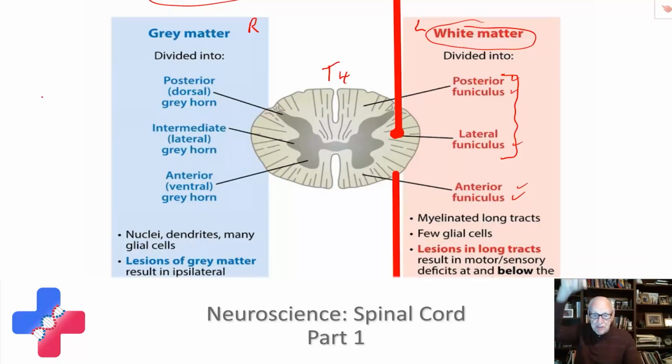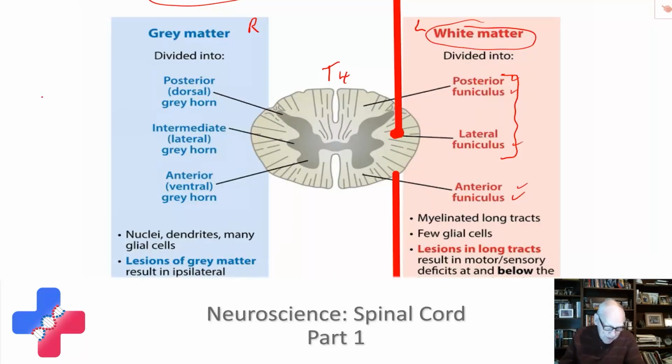So these tracts are just ropes, if you want to refer to them that way. They are bundles of heavily myelinated fibers. And again, notice that they're heavily myelinated, as it says here in your notes. And there are some glial cells.